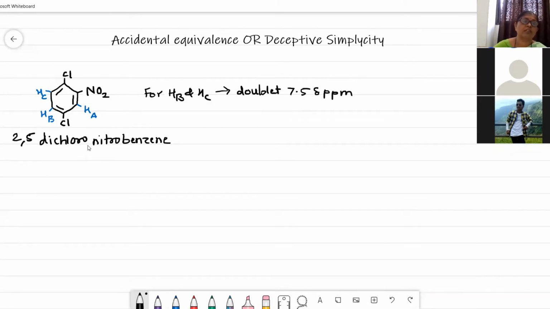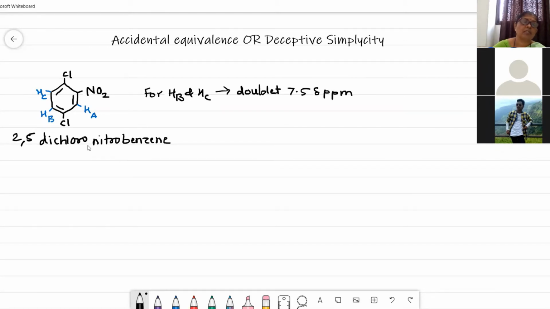This is because both HB and HC protons couple with HA. Why do they give a doublet? Because both HB and HC type of proton couple with HA, and according to the n+1 rule, as they couple with HA, they give a doublet at 7.5 delta ppm.